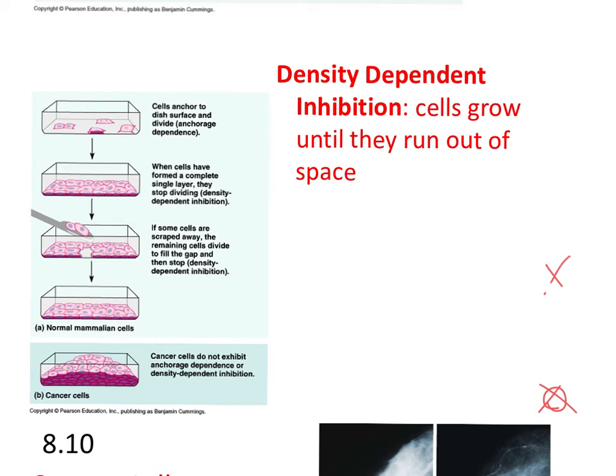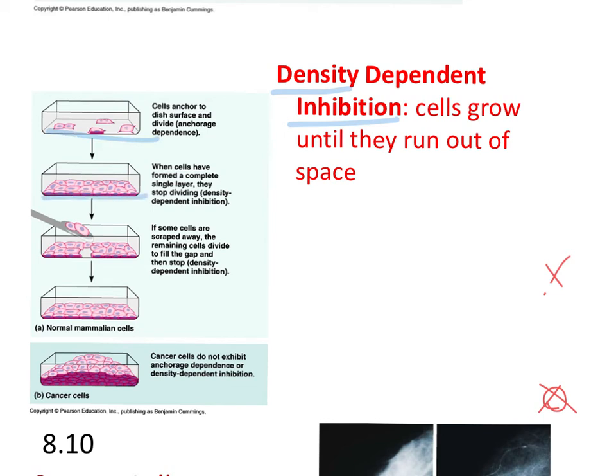Density-dependent inhibition is another concept that has to do with stopping cell division. Density has to do with how crowded it is, and inhibition means to stop. Generally, cells will stop dividing when they become crowded due to a lack of space. That's what we saw with the G1 checkpoint. So shown here on the left is a diagram where there's cells in a dish.